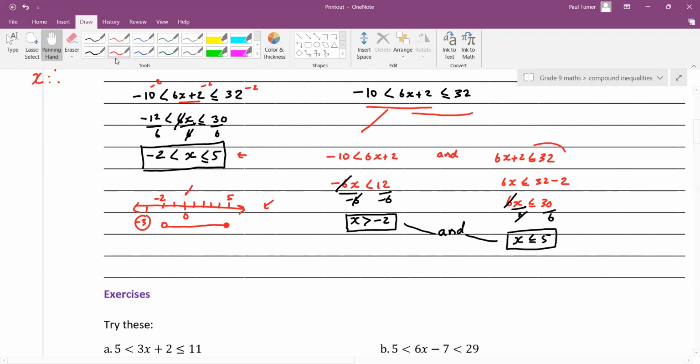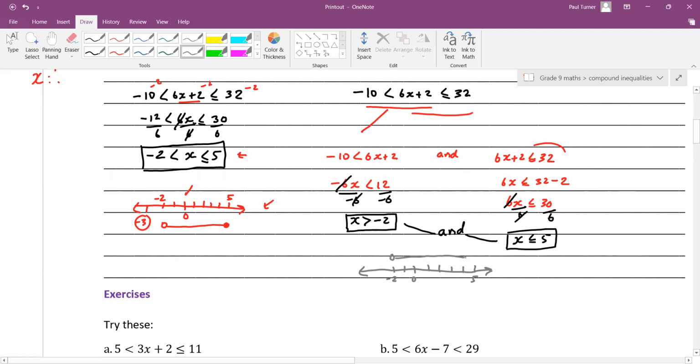to 5. So if I make a number line, let's make a gray one. So let's make a number line with both parts. So put a 0 here, 1, 2, 3, 4, 5, and -1, -2 here. So we're saying that x is going to be more than -2.